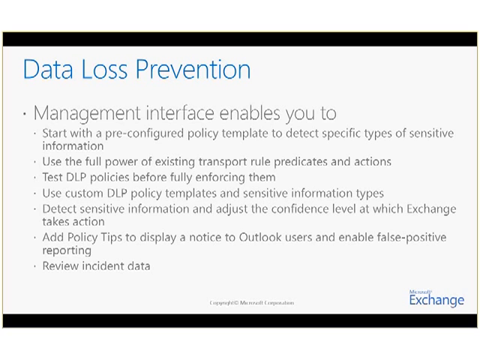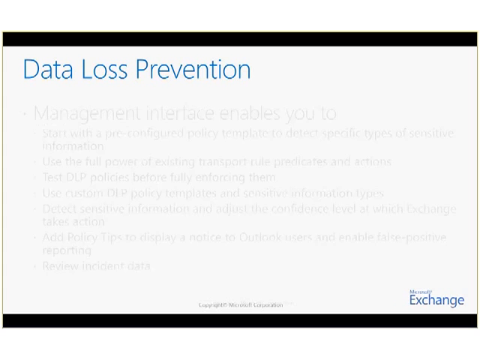You can also add policy tips for Outlook 2013 users so that they can get a notice about messages before they send them, and you can review incident data in message tracking logs or add reporting by using a new generate incident report action as well.